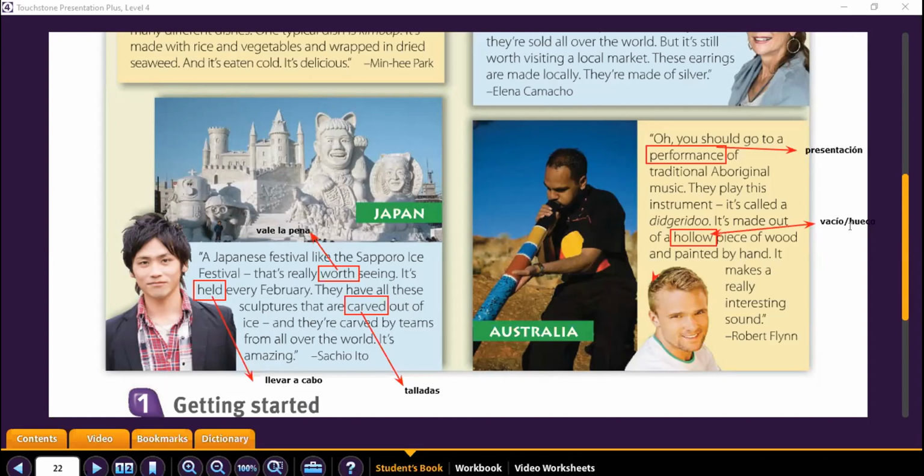And painted by hand. It makes a really interesting sound. Nos dice aquí que hace un sonido muy interesante. We have something similar. I have seen this kind of instrument, especially in Amazonic cultures and groups. They use something similar. Hay algo muy parecido que ocupan en los grupos de la Amazonía, las comunidades Guarani, de aquí del Ecuador.